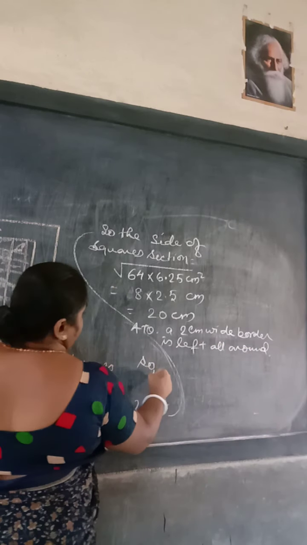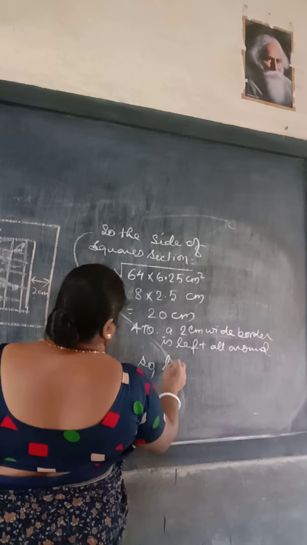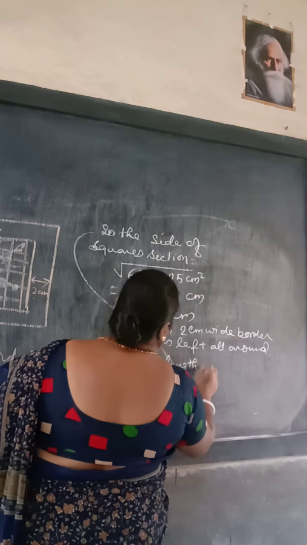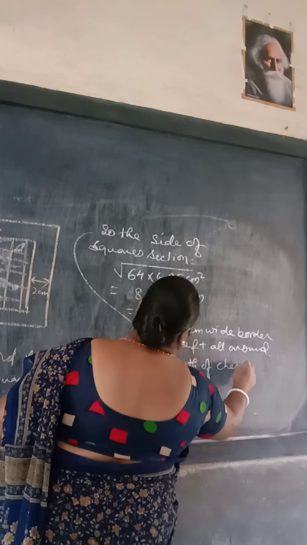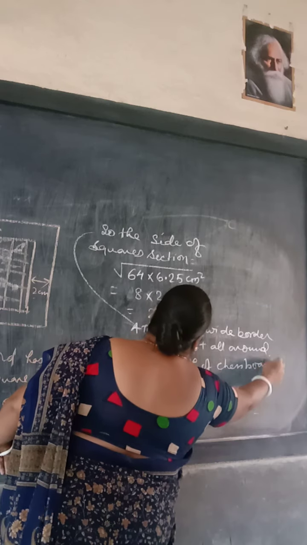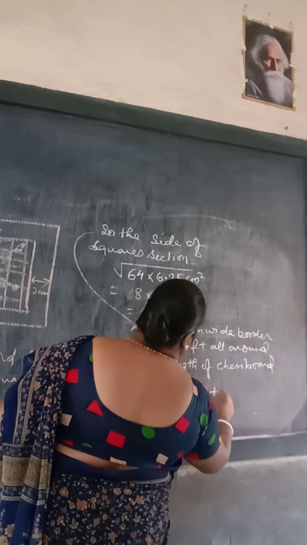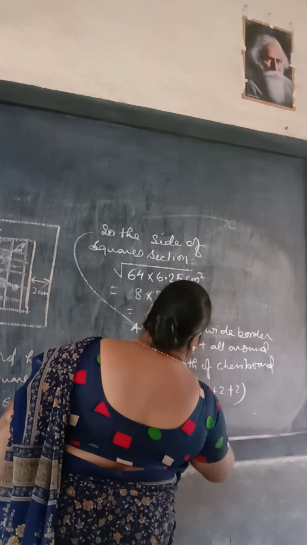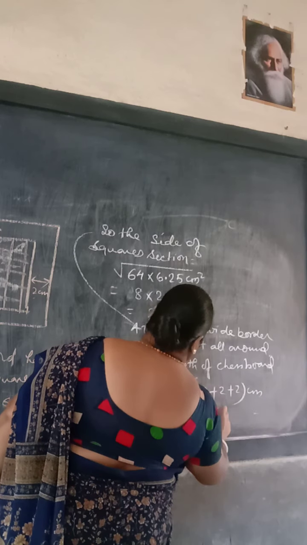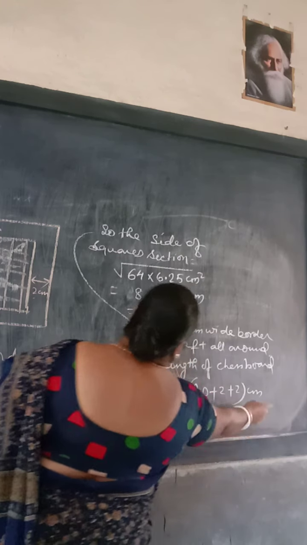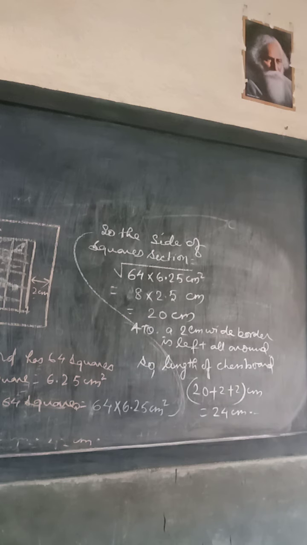So the length of chessboard would be 20 plus 4 centimeter. This is 24 centimeter. This would be the length of chessboard.